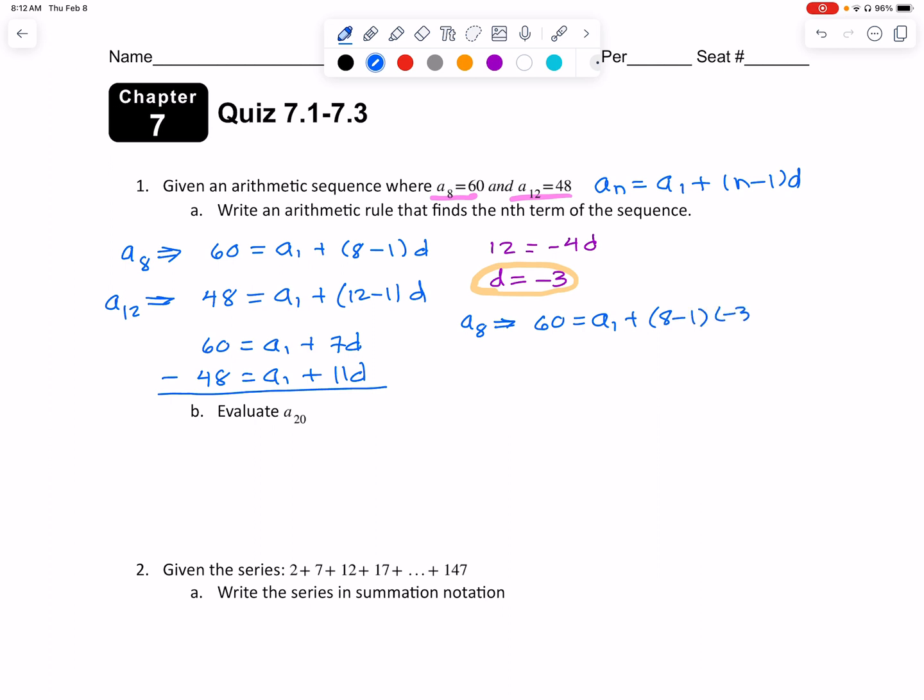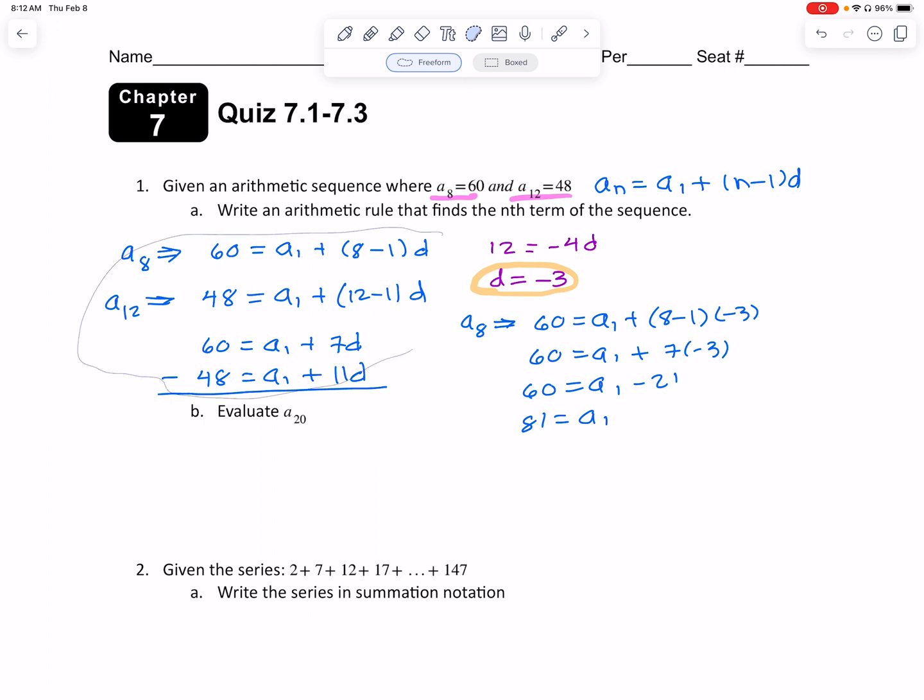Now we know what d is. So this is going to become 60 equals the first term plus 7 times negative 3. So 60 equals the first term minus 21. So it looks like 81 equals the first term.